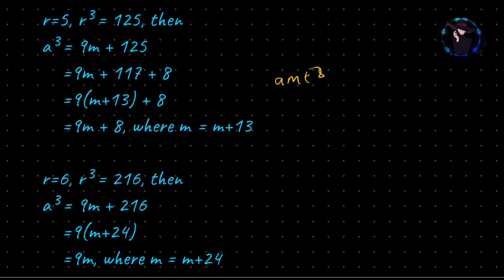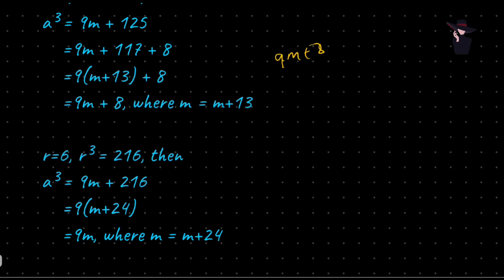Now the value of r is 6. r cube, 6 into 6 into 6, is 216. A cube is equal to 9m plus 216. We need to elaborate 216, but wait, we don't need to, because 216 comes in the 9 table, which is 9 into 24.